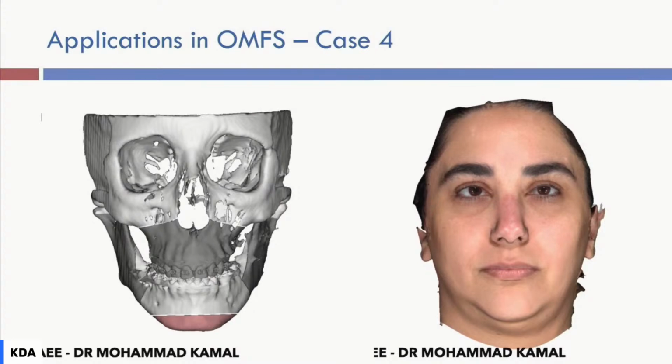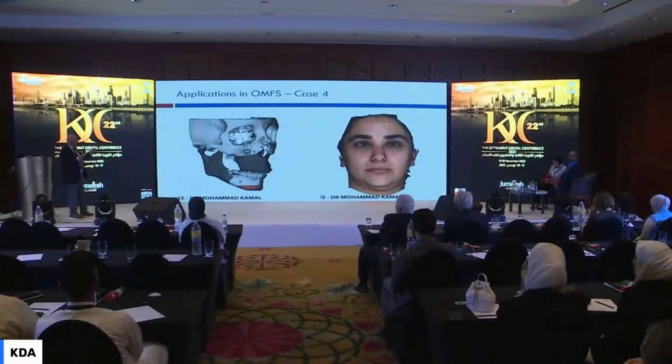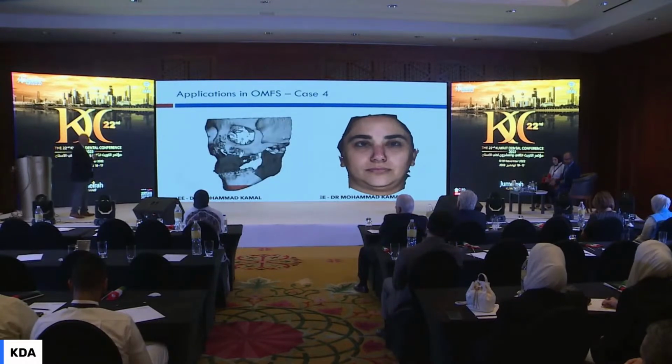Then I go ahead and do the complete workup and 3D simulation of the surgery. From the front, you cannot tell much. From the side, a little bit of impaction, a little bit of advancement of maxilla, advancement of the mandible. And in this case, the decision was not to do genioplasty because the soft tissue simulation showed us that it was adequate.